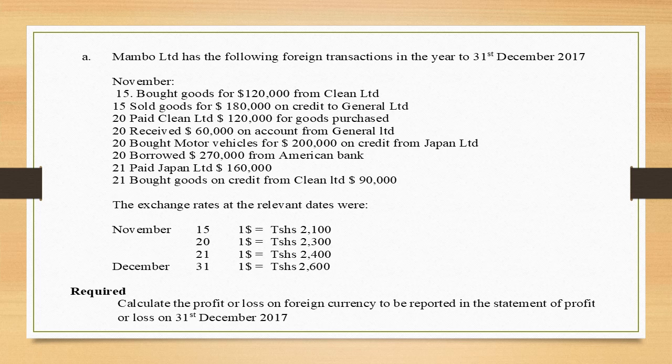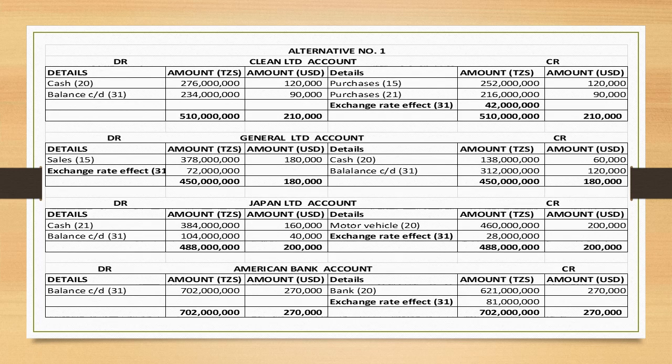So again, this can be done. Alternative one, we may use an account for each debtor or each creditor. For instance, on a Clean Limited account, we may use an account having a column for US dollars and a column for Tanzania shillings.